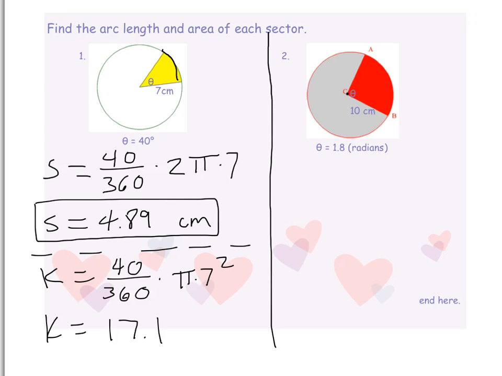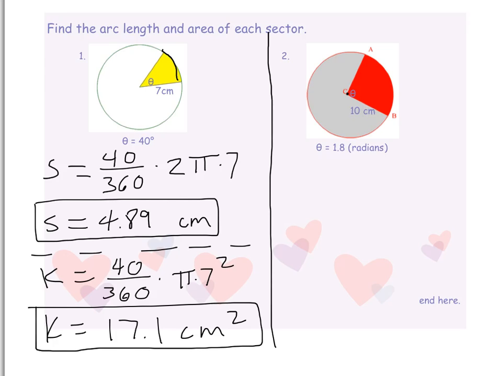And there I get 17.1 centimeters squared. Be very particular with your units. Arc length is a measure of distance, and it gets single degree units, first degree. Area has 2 dimensions. It gets second degree units, so it should be centimeters squared.